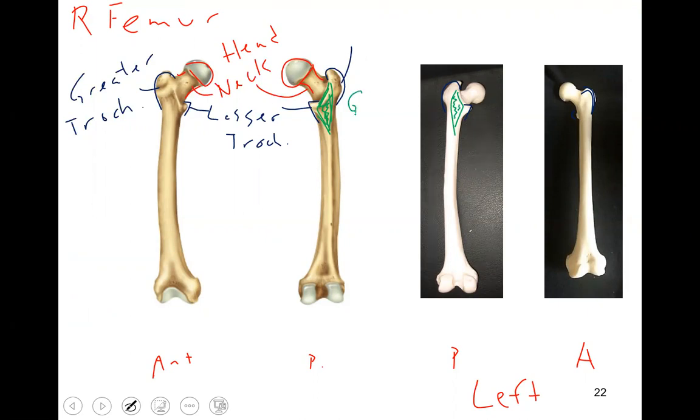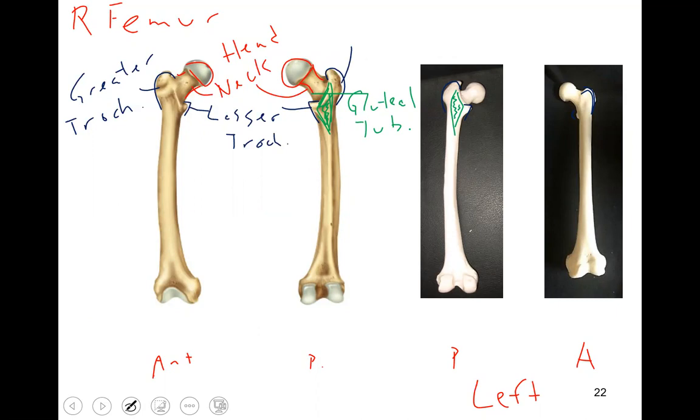This is called the gluteal tuberosity. Okay, so a gluteal tuberosity, a smaller rough patch. And as the name suggests, this happens to be where, or at least one of the places where, your gluteus maximus muscle is going to insert.